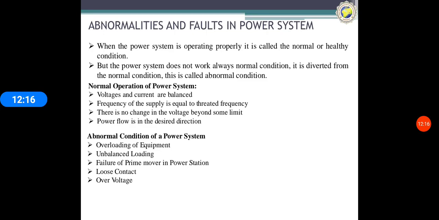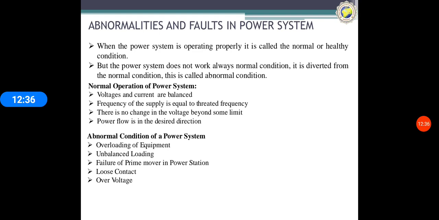The load of the failed system is divided among the other prime movers, and the effect is that the frequency is reduced.